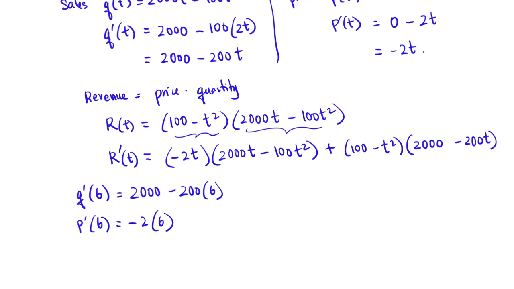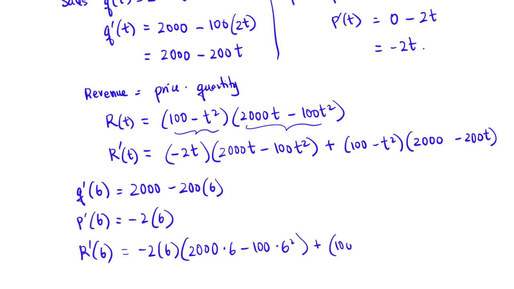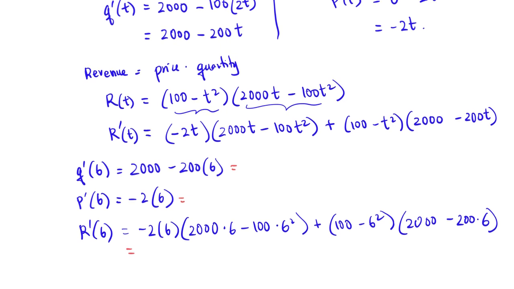And lastly, R prime of 6 is minus 2 times 6, times 2000 times 6 minus 100 times 6 squared, plus 100 minus 6 squared times 2000 minus 200 times 6. And then we plug these expressions into a calculator to evaluate their values.